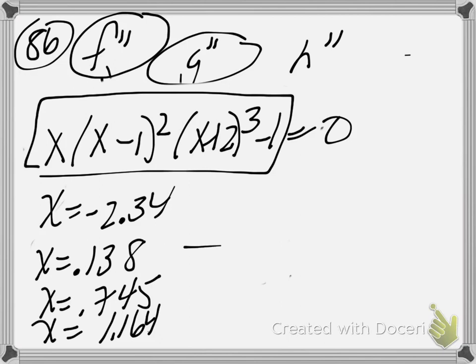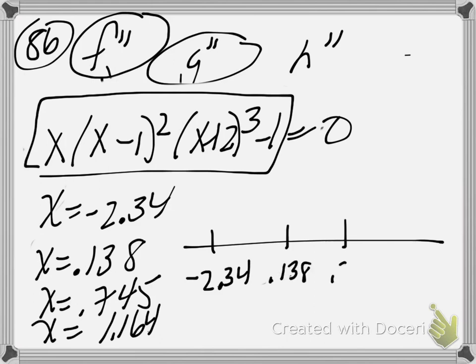And when you make your wiggle graph with all of these values, you're going to substitute into the second derivative, and you will get these signs.